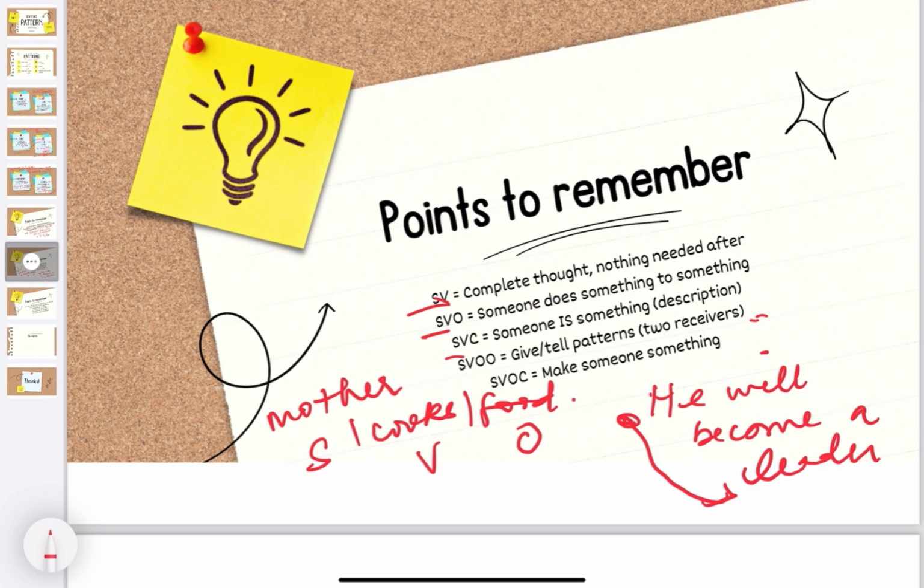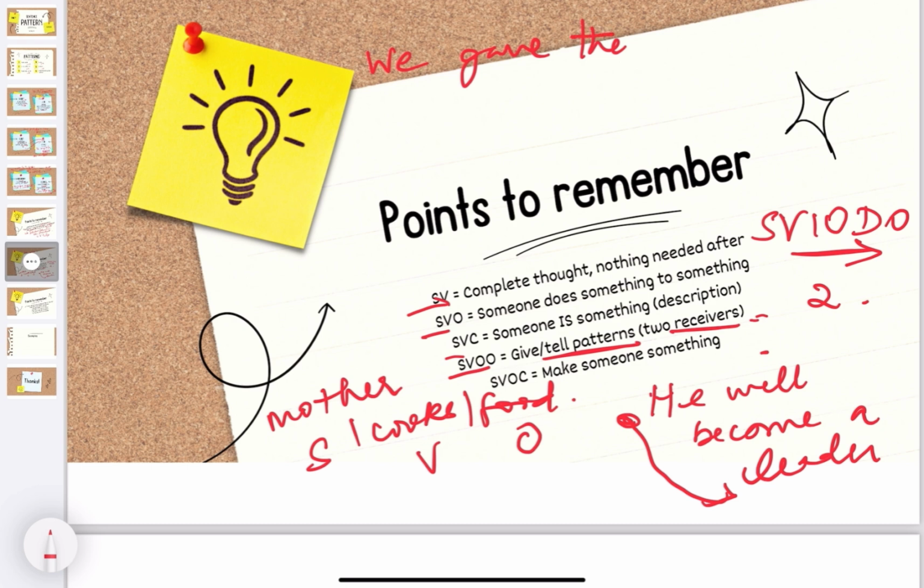Okay, so SVOO, give or tell patterns, two receivers. So in case of SVIODO, we have two receivers. For example, we gave the children books.